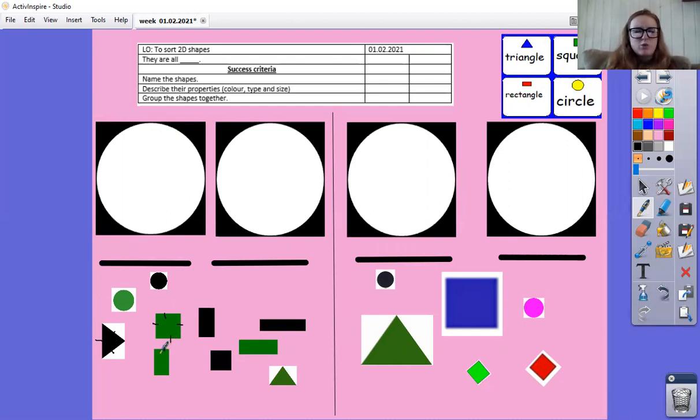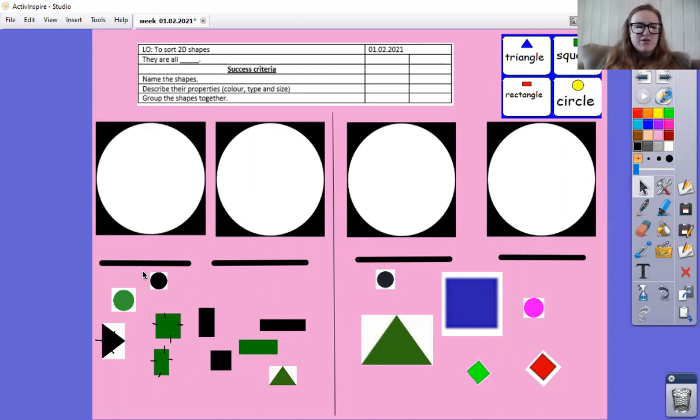And this shape has 1, 2, 3, 4 sides, but they are not all equal because I can see that this side is smaller than this side. So here I have 4 different shapes, but I'm trying to sort them into 2 groups. So what could I do? What other way could I sort these shapes apart from into their shape groups?